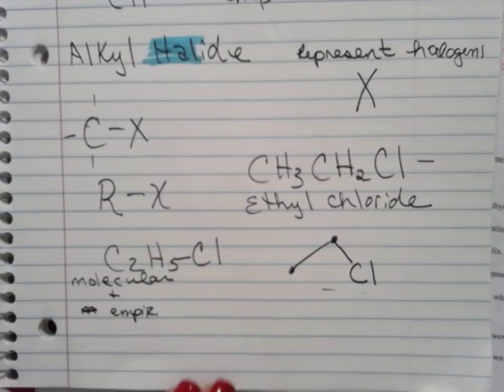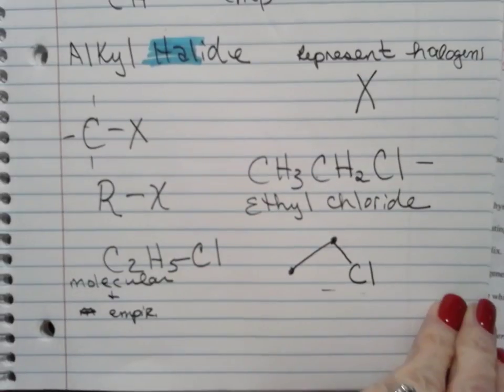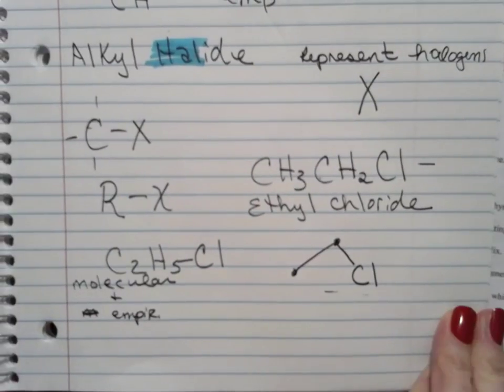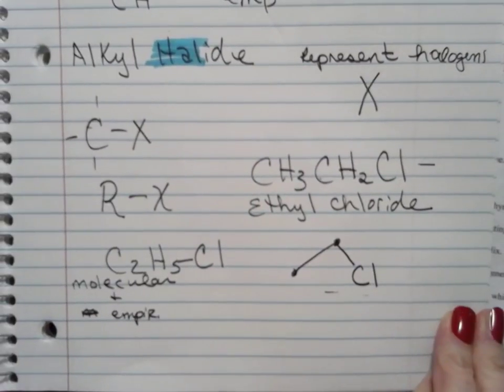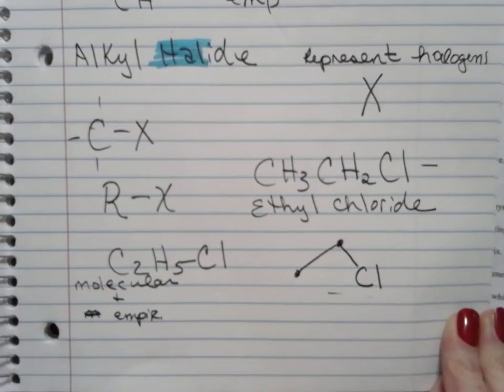And then also, being able to take something I give you and turn it into a molecular and empirical formula, that's a skill from last semester that you should be able to do. Now, I know this is difficult and everybody's going to feel frustrated.